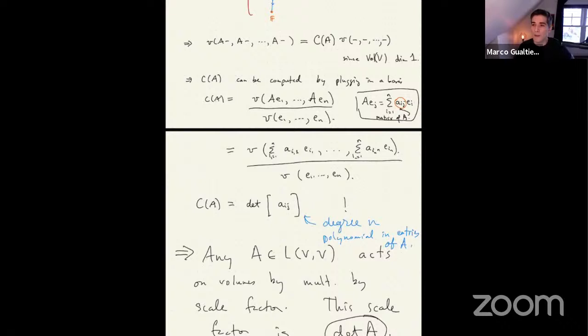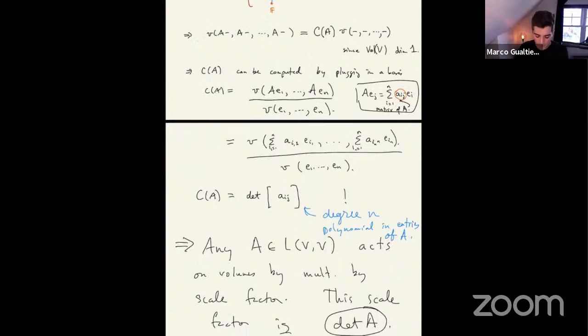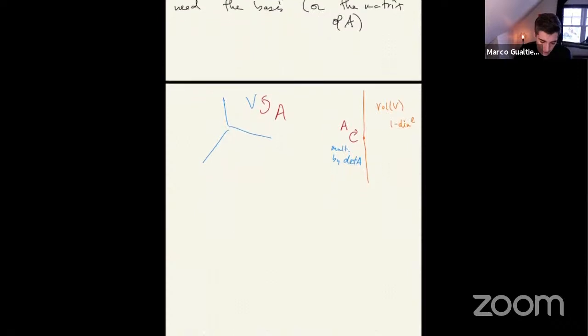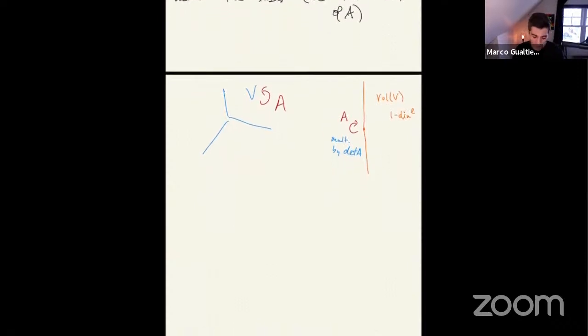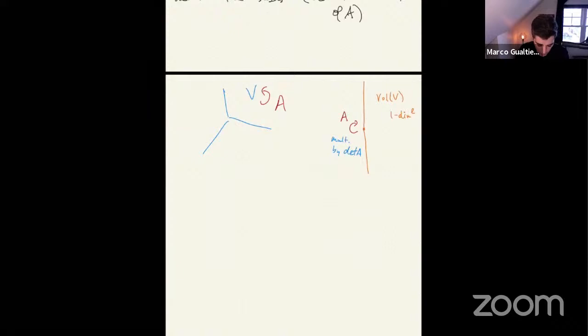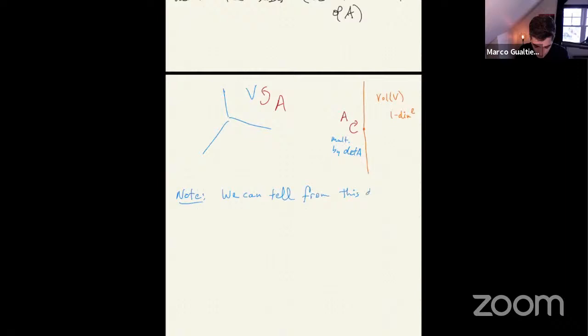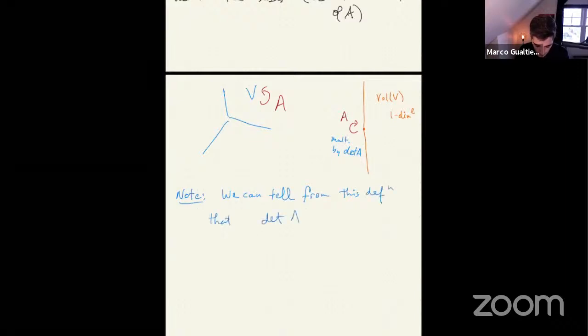Okay, but the important thing is that we can tell from this definition that the determinant of A does not depend on the basis we use to compute it.